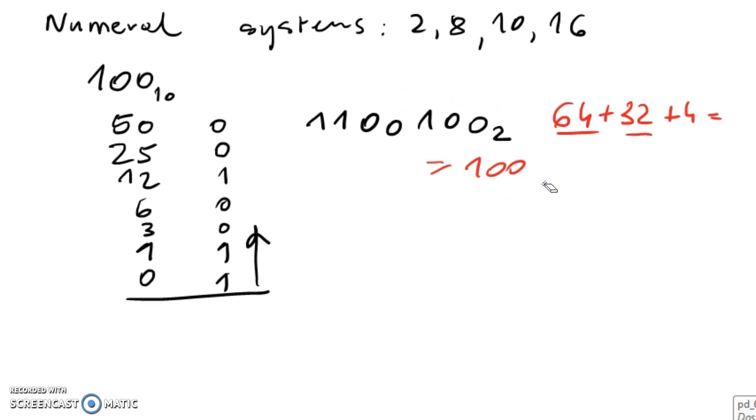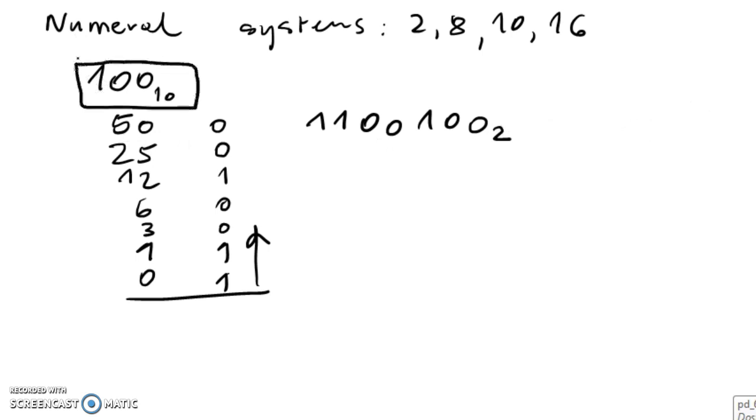I propose another method to do this. I mean, express this from decimal to binary using powers of 2. You must memorize the consecutive powers of 2 up to 10.